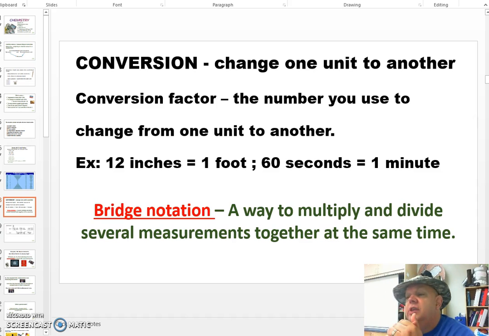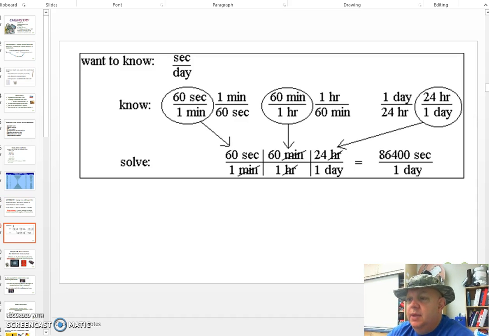Then we have something called the bridge notation. This is one way to multiply and divide several measurements together at the same time, and it does make it a little bit easier. For example, if you wanted to know how many seconds there are in a day, what we know is 60 seconds in a minute, 60 minutes in an hour, and 24 hours in a day.